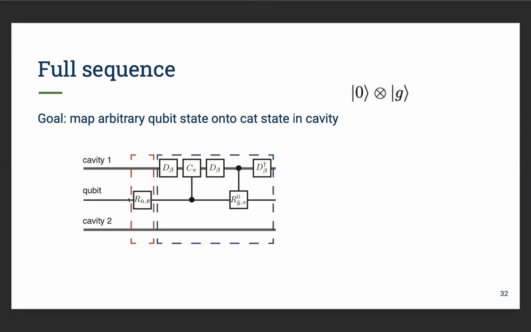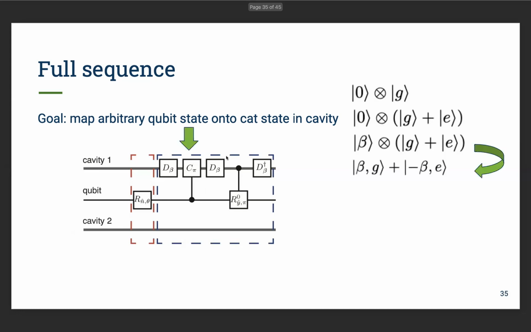Then we can apply this pulse here in red that will rotate the qubit into an arbitrary state. But here we will choose for it to be in a superposition of the ground and excited state. And then following this, again, we can apply a tone into the cavity that will send the cavity into a coherent state. These were both just operations that act on the individual qubit or the individual cavity.